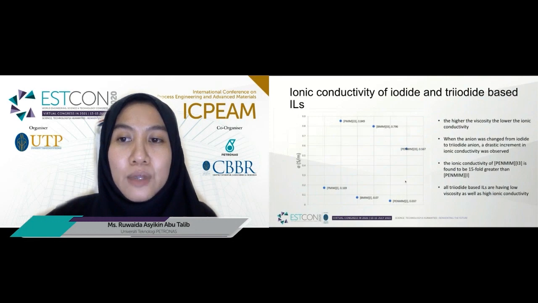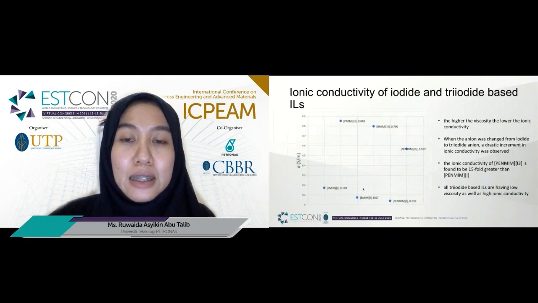When the anion was changed from iodide to triiodide, a drastic increment in ionic conductivity was observed. For example, the ionic conductivity of PMIM triiodide is found to be 15-fold greater than PMIM iodide. So all triiodide-based ionic liquids have low viscosity as well as high ionic conductivity compared to iodide-based ionic liquids.